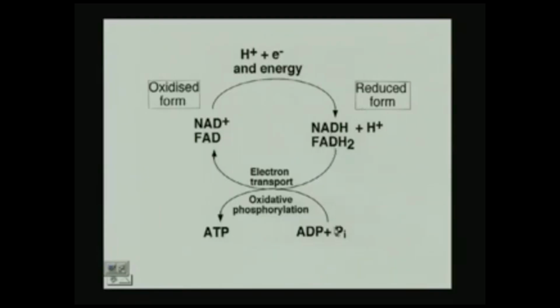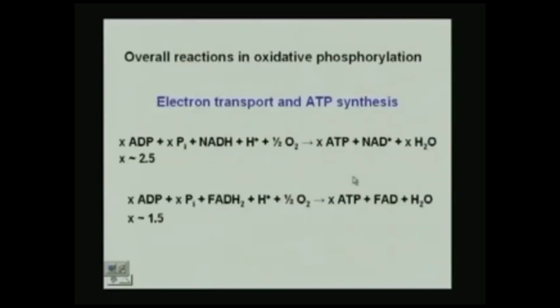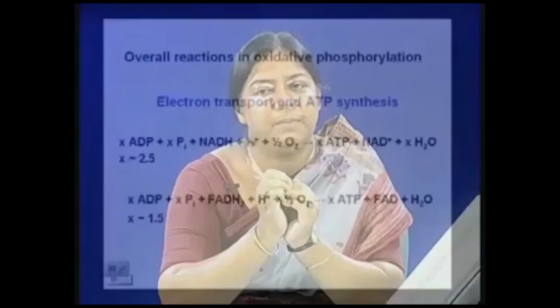In the event of creating a proton transfer, a proton motive force, then with the oxidative phosphorylation, it creates our ATP, which eventually gives us the overall reactions in oxidative phosphorylation that provide us with ATP synthesis. So what we learnt is how we can actually synthesize ATP from the protons. So every 3 protons that come in here, we will have the synthesis of ATP.